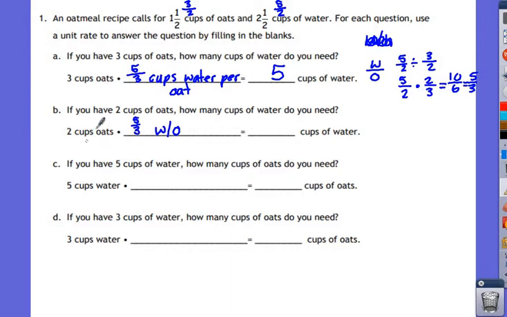So same thing, I need to know how much water I need if I have 2 cups of oats. So 2 times the top gives me 10. 10 divided by 3 doesn't simplify, so I can leave it 10 over 3. Or I could really simplify that to 3 1/3. Either of those answers are fine.